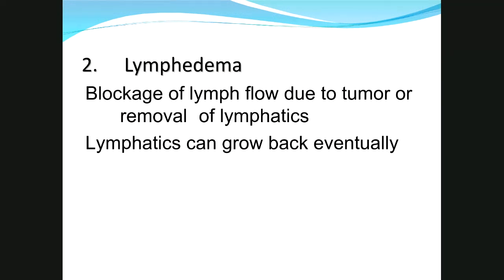Another thing that can happen is if you block the flow of lymph, everything downstream of it is okay, but everything upstream is going to be blocked. And so all of the tissues that are upstream are going to swell up.